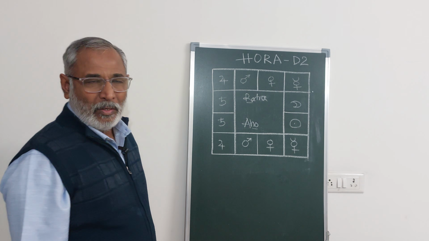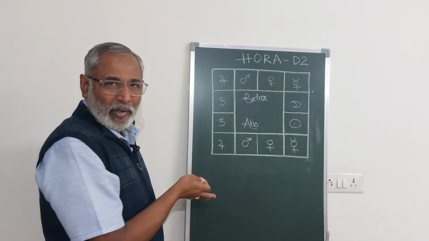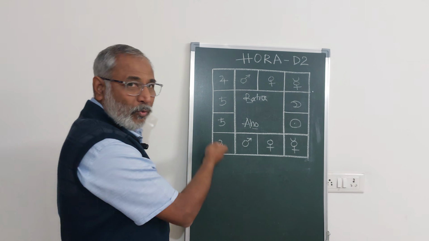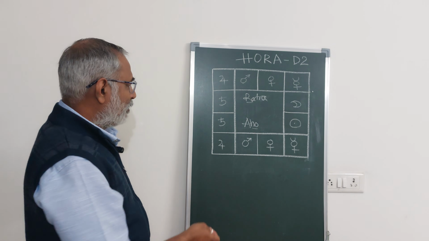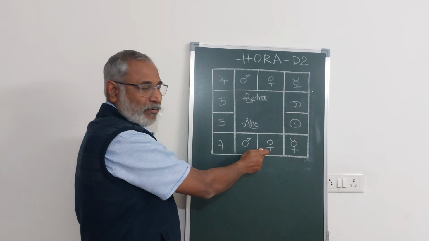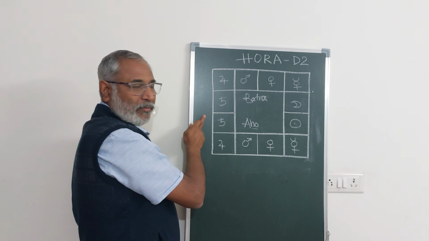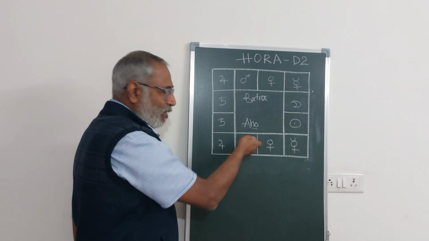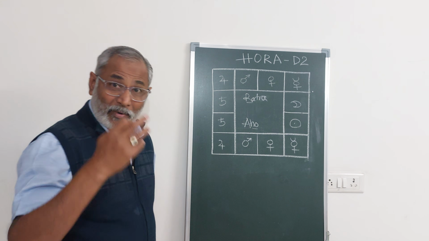Why did I write Aho down below in the south of the zodiac? Because this is the east, this is the west, this is the south, and this is the north. So why did I write it in the south and western part of the zodiac? We'll come to it.